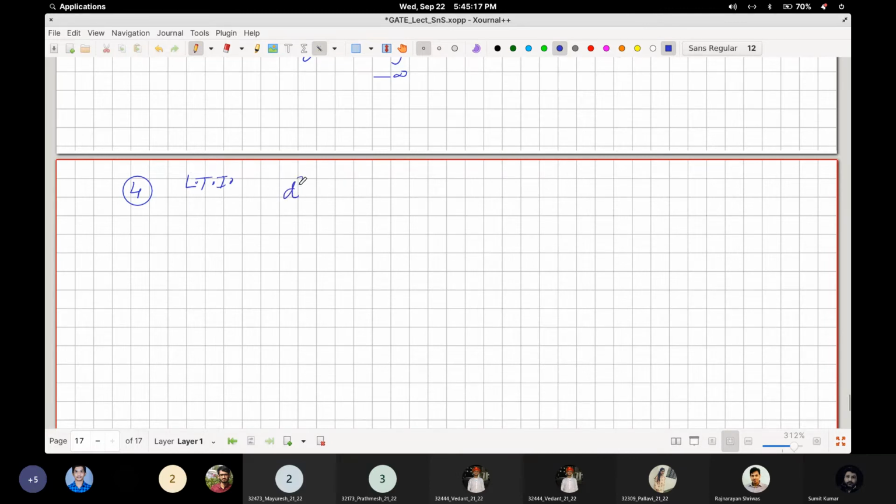So you can have something like this: d2 yt by dt2 plus 2 dyt by dt plus let's say yt, and that is equal to let's say dxt by dt. Okay, you can have a linear differential equation here, and then they will ask you whether the system that is being represented by this linear differential equation is stable or not.